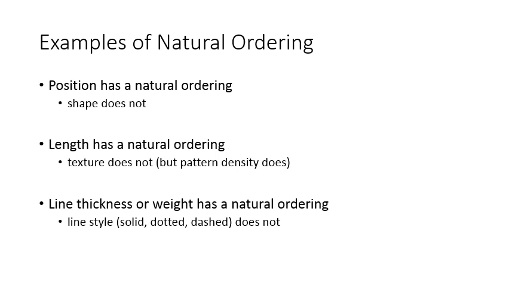So we can assume that the denser a pattern is, the larger a value it represents. Line thickness or weight has a natural ordering, but line style does not. Again, you could maybe put forward the case that whether it's solid, dotted, or dashed, the amount of white space in a line might be representing something. But I guess things like colour and shape don't, but length and position and line thickness do.